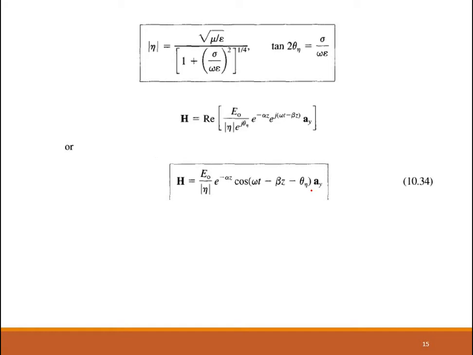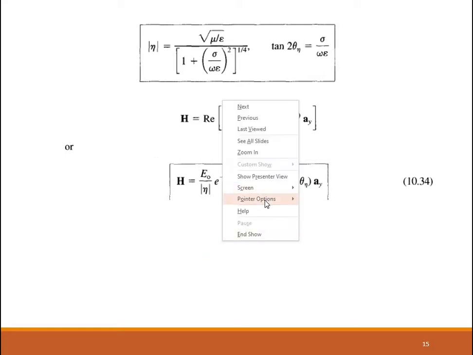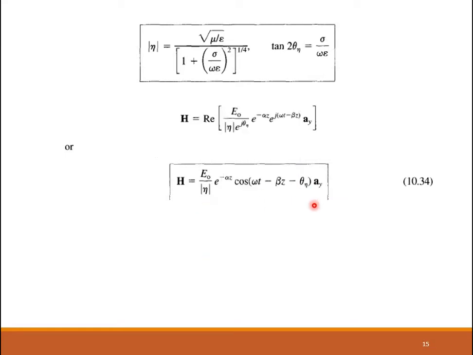So this is the equation that we have obtained for H. What was the expression for E? E was equal to E0 e raised to minus alpha z cos(omega t minus beta z) ax cap. And this is the expression for H. So it implies that at any time, E leads H, or H lags E by theta n.